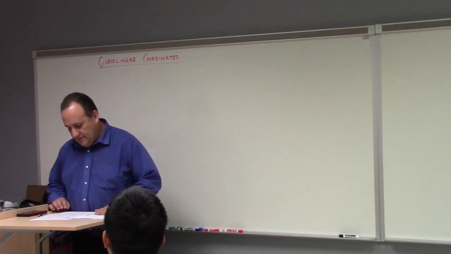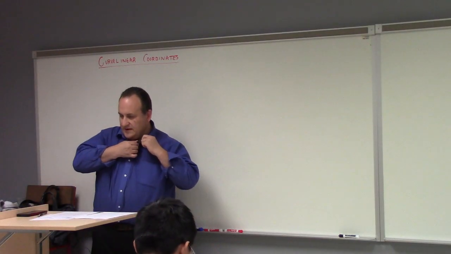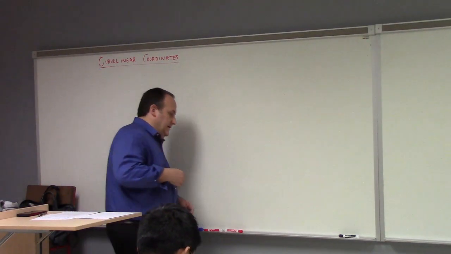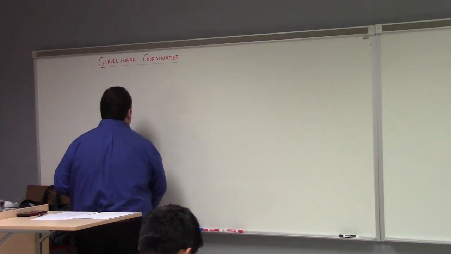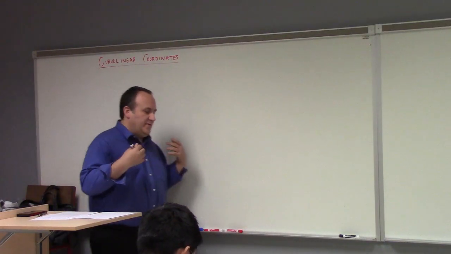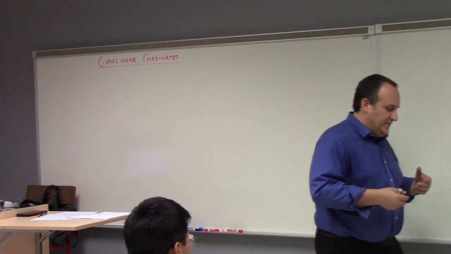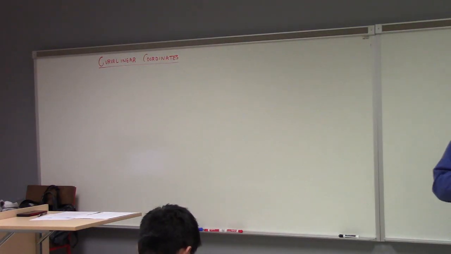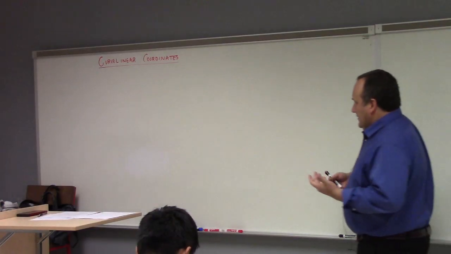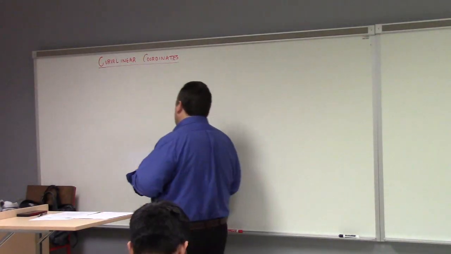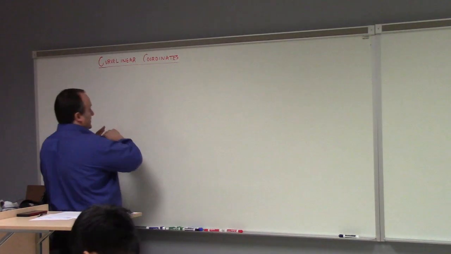All right, well, let's talk about curvilinear coordinates. Generically speaking, we're going to talk about 3 dimensions. A set of curvilinear coordinates, we could think of them as U1, U2, and U3, and those coordinate lines could be curved.